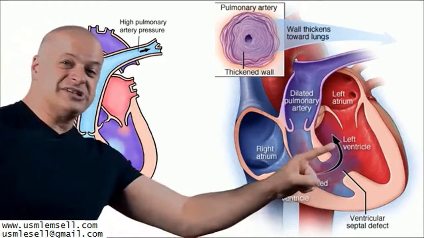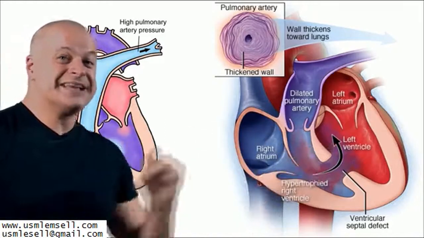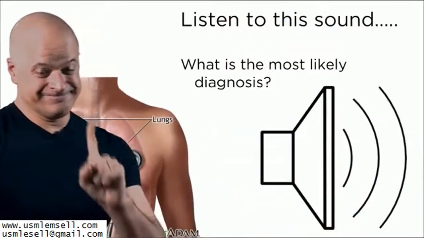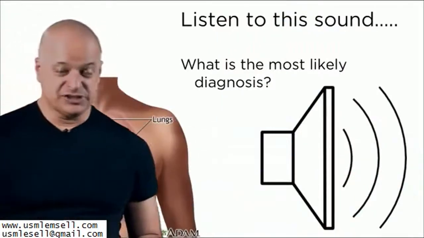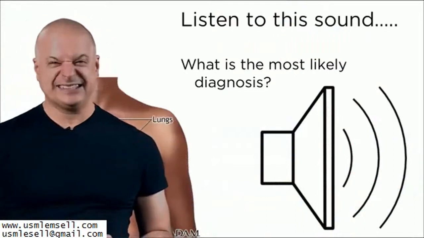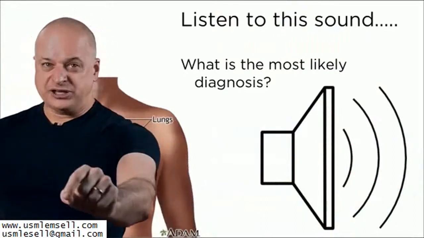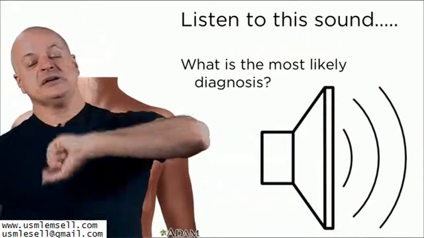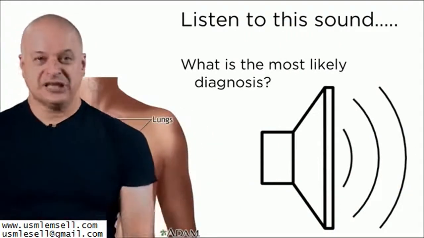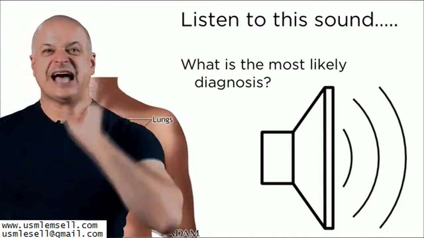That's cyanotic heart disease. So right to left is much worse. That's Eisenmenger's, when a left to right shunt eventually becomes a right to left shunt.